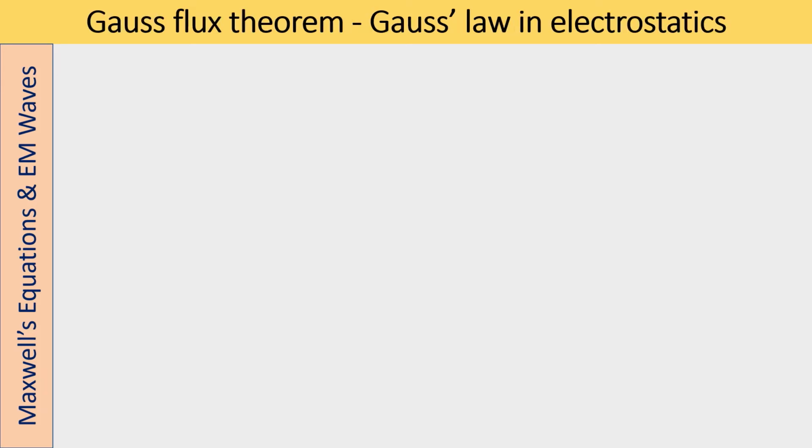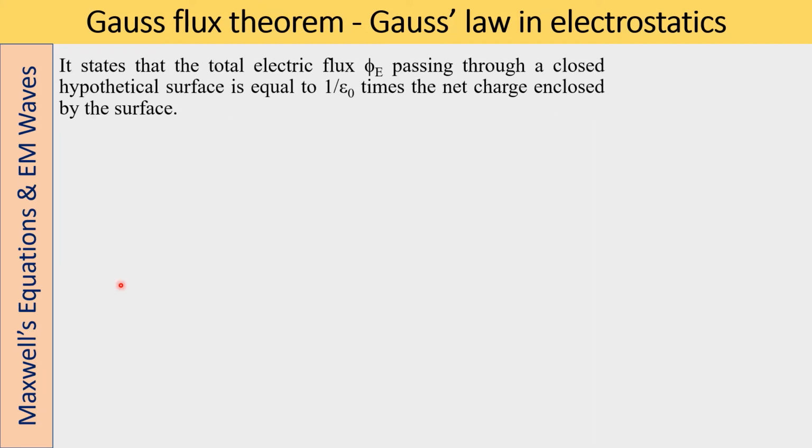So let us discuss Maxwell's equations. The first Maxwell equation is nothing but the Gauss law in electrostatics. It states that the total electric flux psi passing through a closed hypothetical surface is equal to 1 by epsilon naught times the net charge enclosed by the surface.